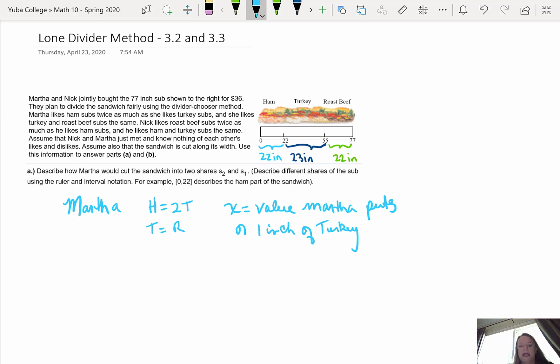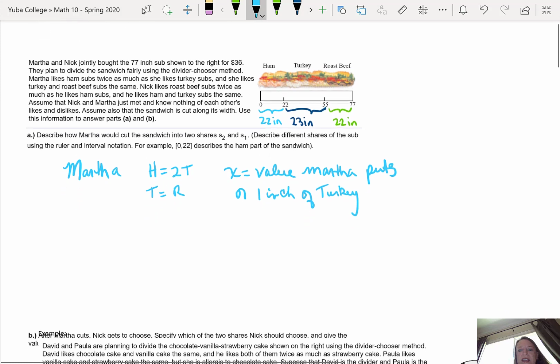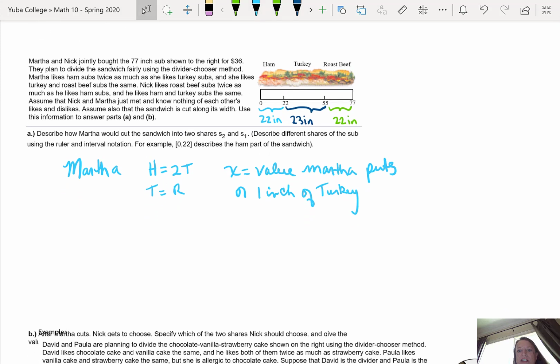If we look at summing this, let's look at turkey. We have 23 inches of turkey, so that's 23x.